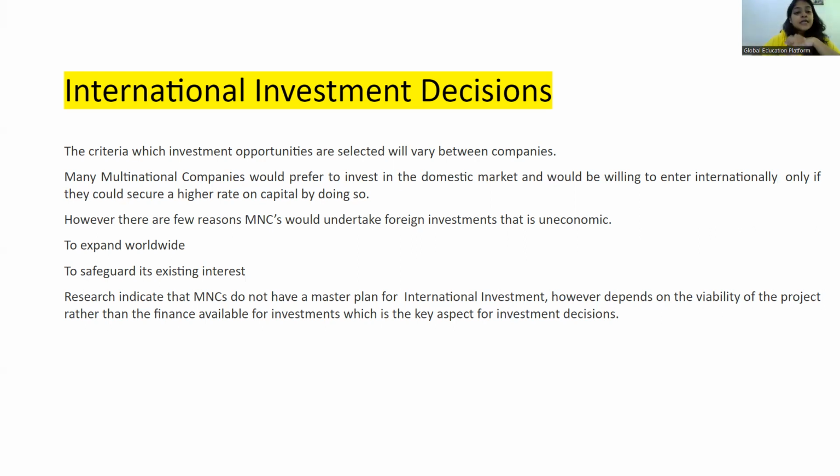Many multinational companies would prefer to invest in the domestic market and would be willing to enter internationally only if they could secure a high rate of return by doing so.